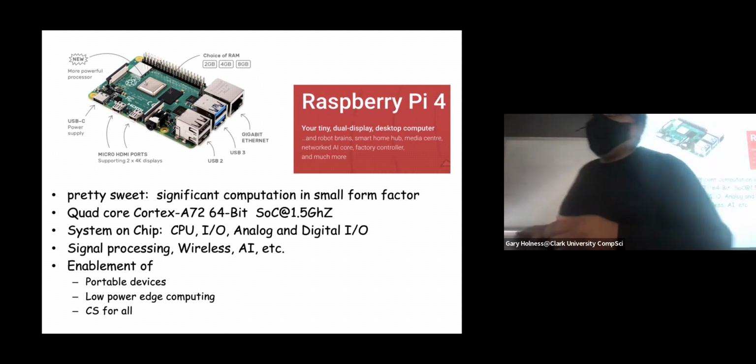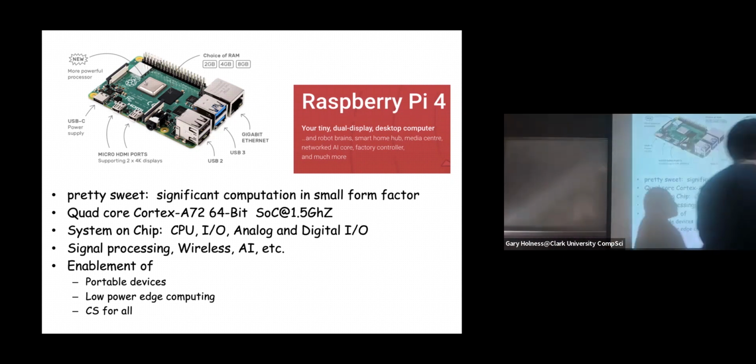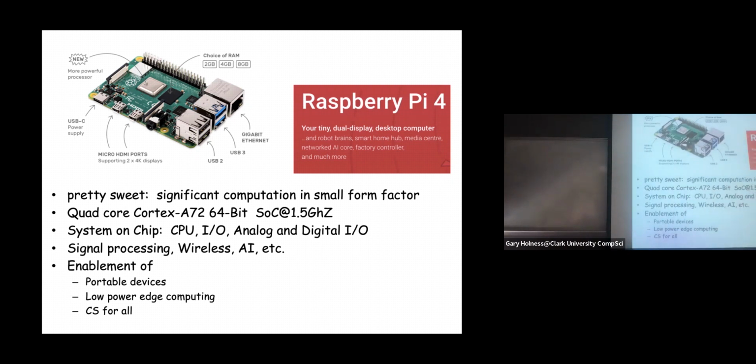And how this is achieved is with the so-called system on a chip, or SoC approach. Unlike the traditional von Neumann architecture that you maybe learned, where you have a high-speed communication substrate called your system bus, and then you hang all of your components off of this bus.